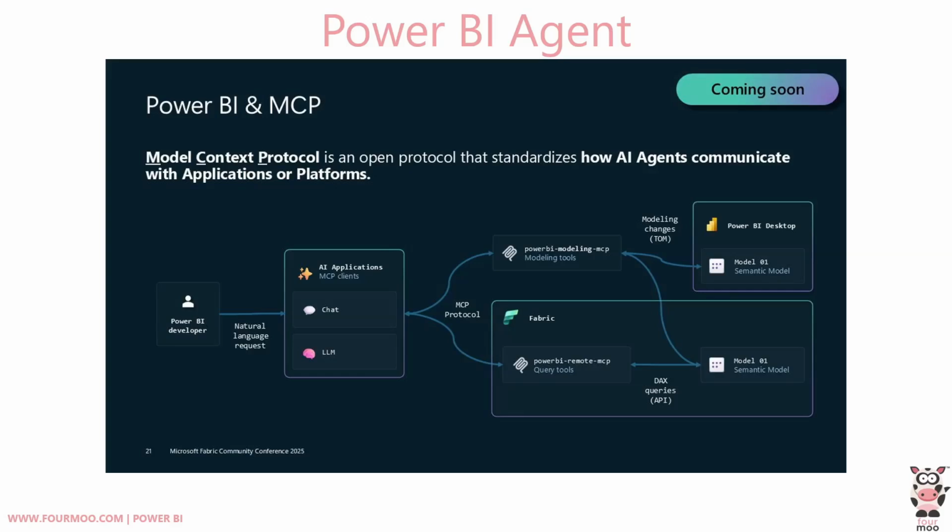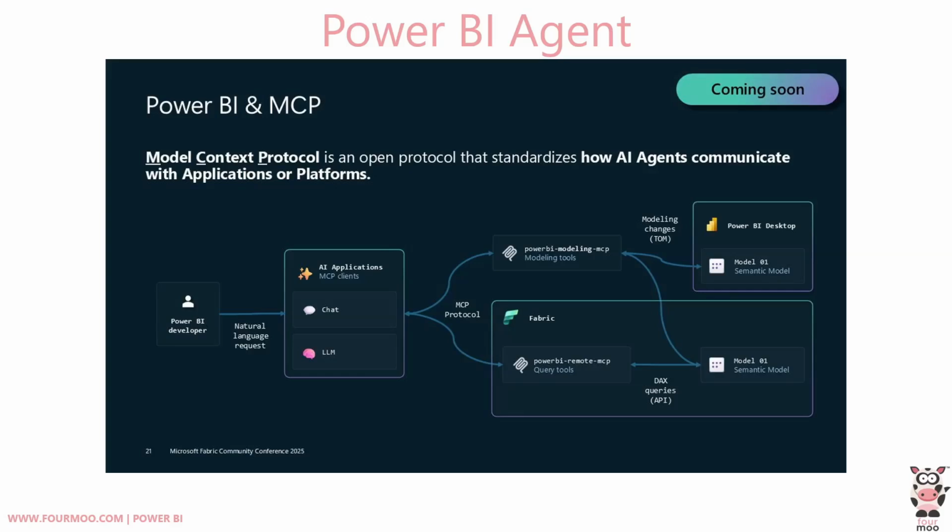MCP stands for Model Context Protocol, which is an open protocol that standardizes how agents communicate with applications or platforms. What you can see over here is, say I'm a Power BI developer. I use my AI applications, LLM, whatever that is.